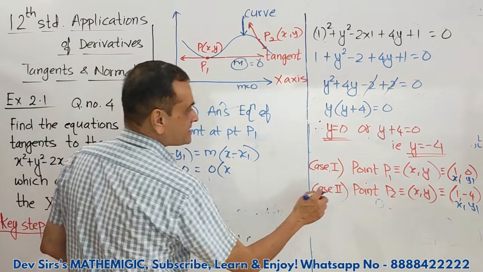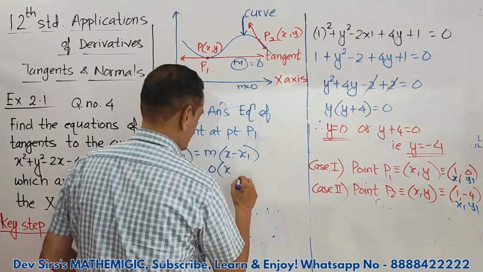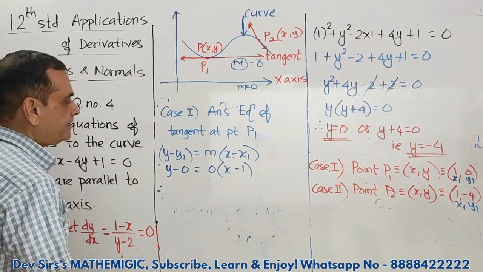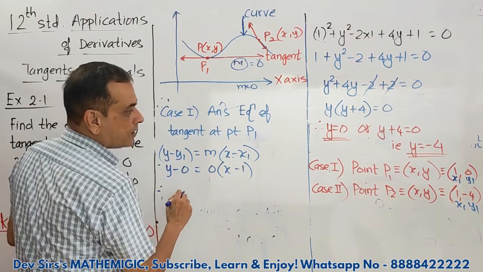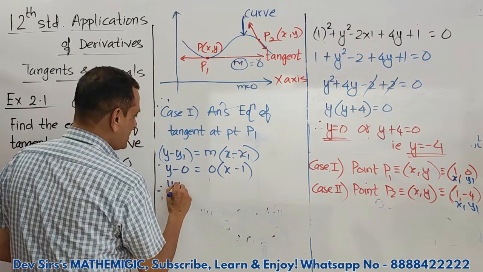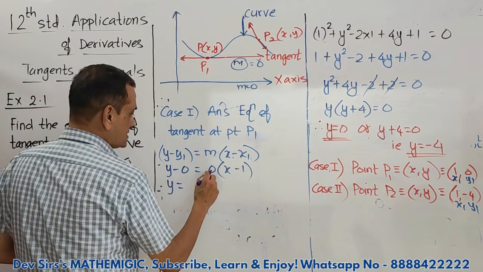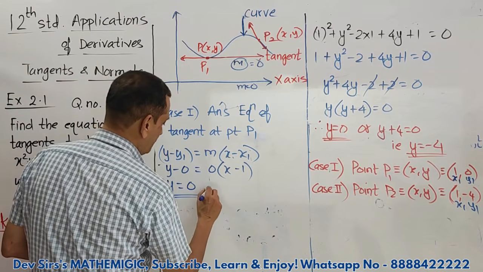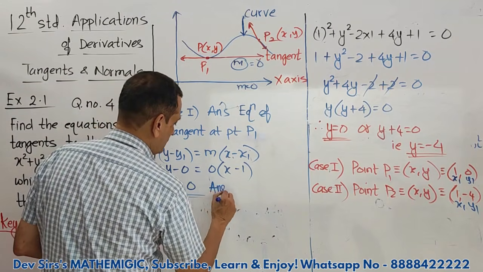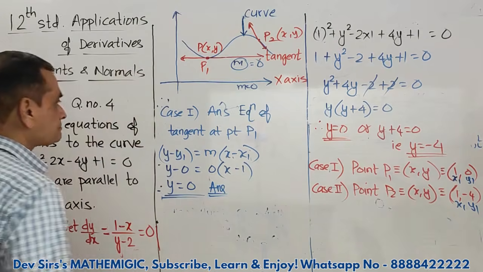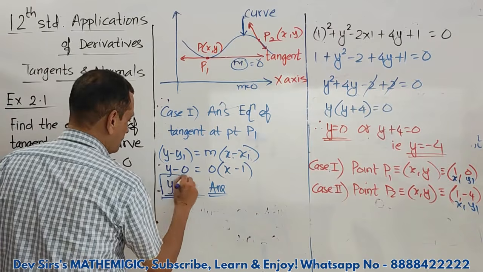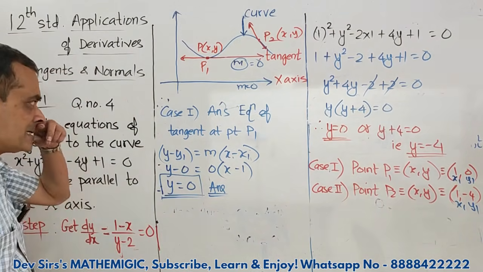So 0 into x minus 1, right? So y minus 0 is y, 0 into anything is 0. y equal to 0. First one. Equation of tangent y equal to 0. केस 1 का आंसर.